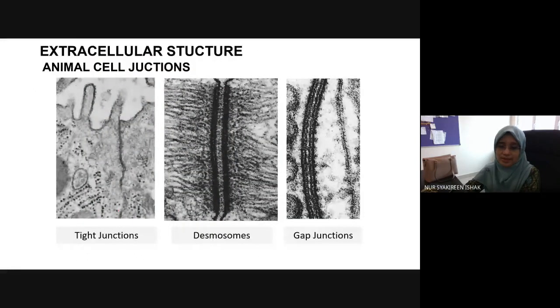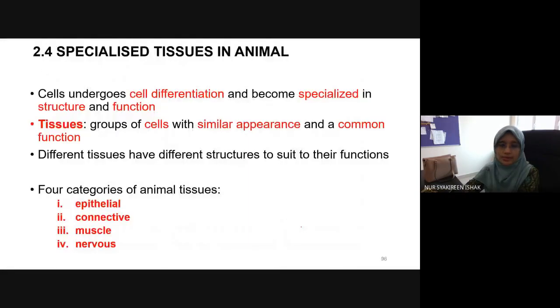So this is the image under electron microscope. Okay, tight junction. And then desmosome, and then you have intermediate filaments that anchors the desmosome into the cytoplasm, and then you have the gap junction that allows ion to pass through.